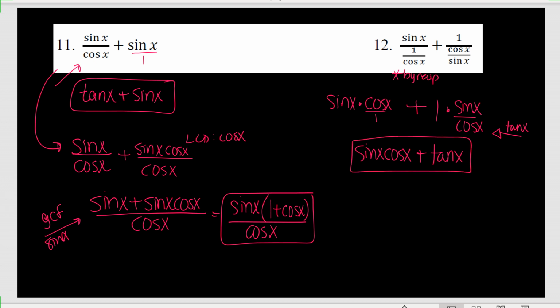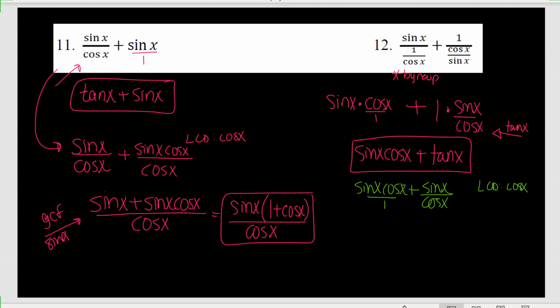That's good. Now, if we wanted to have a common denominator, so let's say that we went back to sine of x, cosine of x, and then plus sine of x over cosine of x, and we kind of followed the same pattern we did in number 11, we'd get a common denominator of cosine.